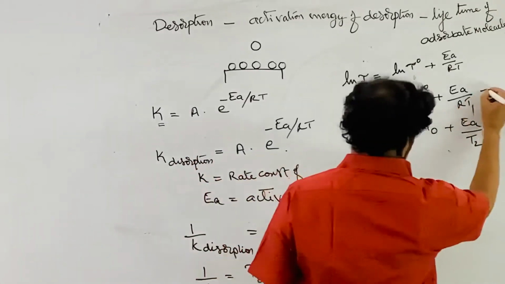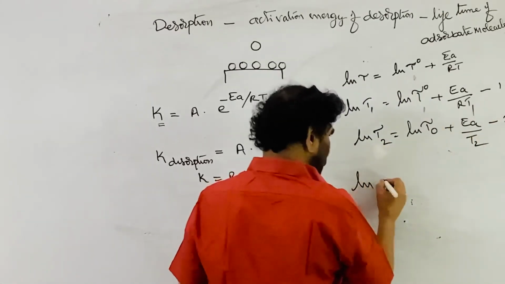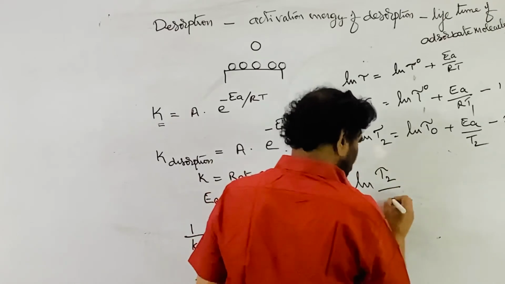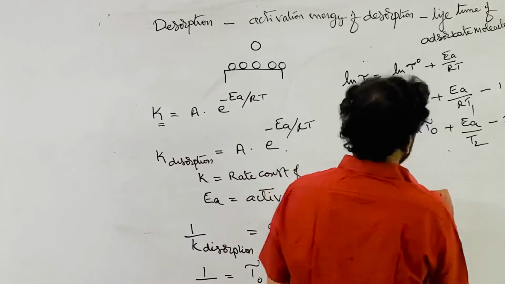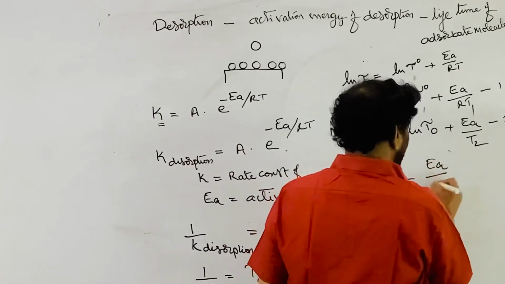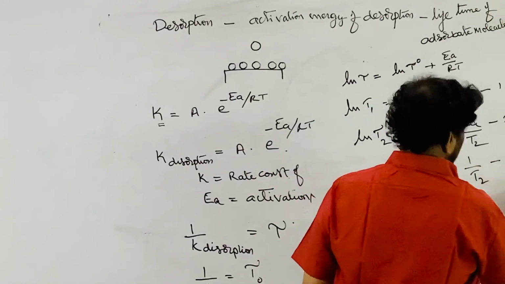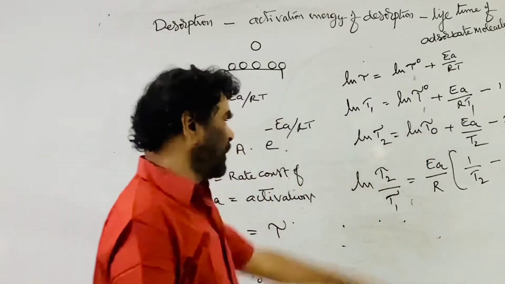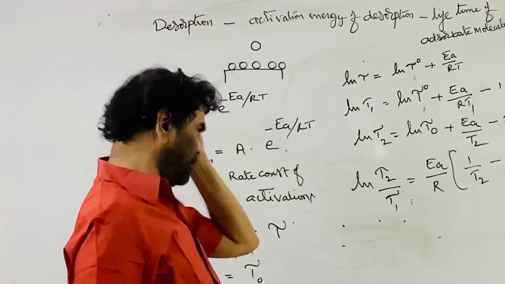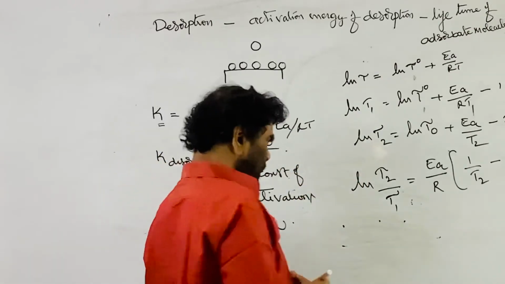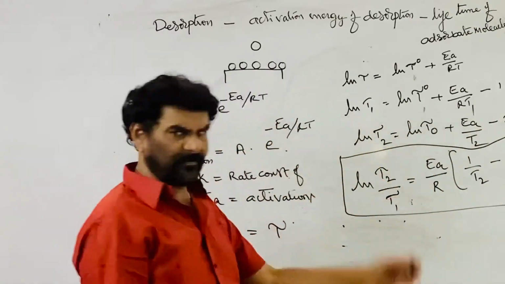From equation 2, equation 1 is subtracted, therefore ln tau 2 by tau 1 is equal to, ln tau naught is cancelled, EA by R into 1 by T2 minus 1 by T1.